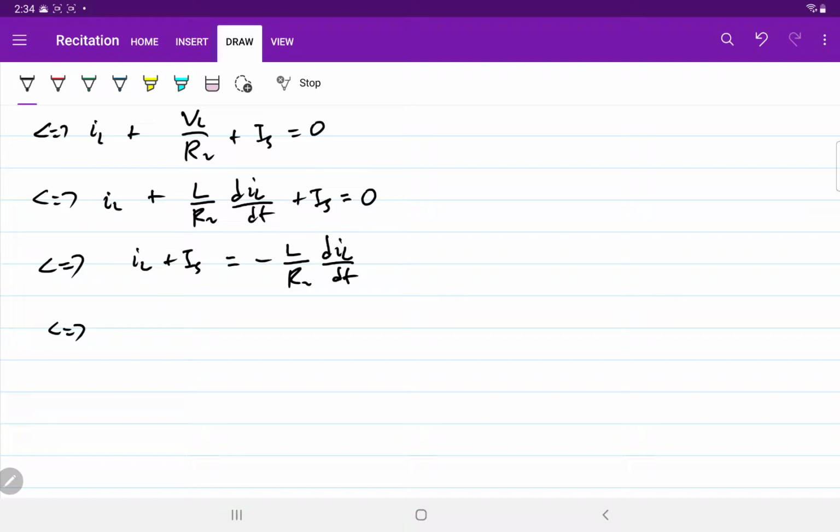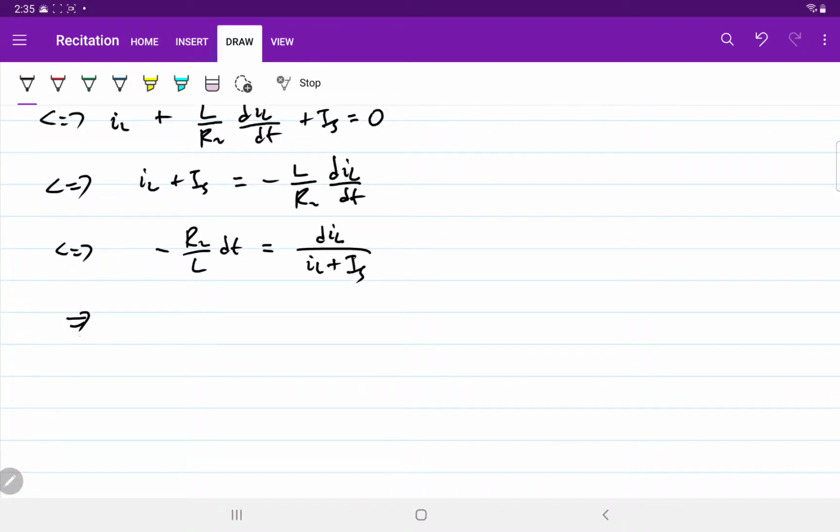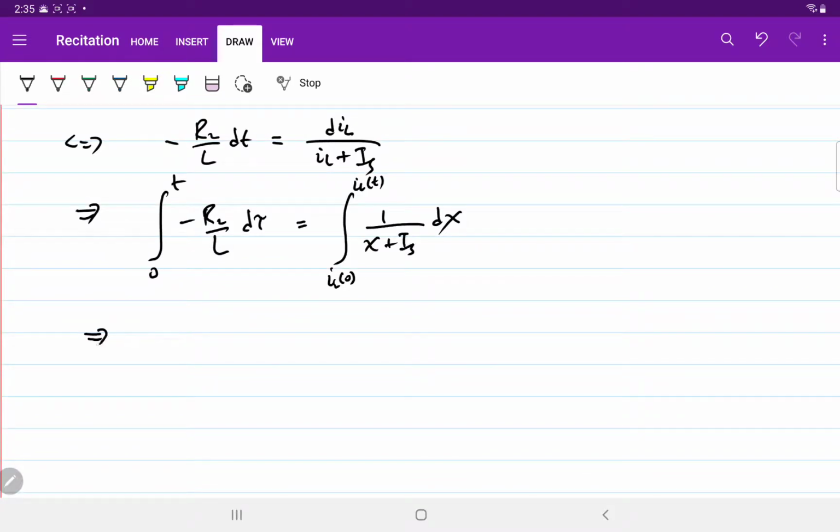So I have minus R2 over L dt equals dIL over IL plus IS, and then let's integrate from 0 to t minus R2 over L d tau, and the integral of this from IL0 to IL of t, 1 over x plus IS dx, and what do you get?